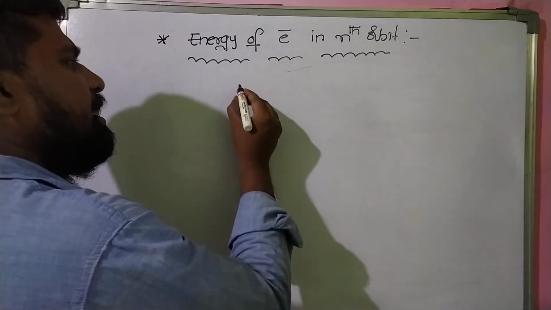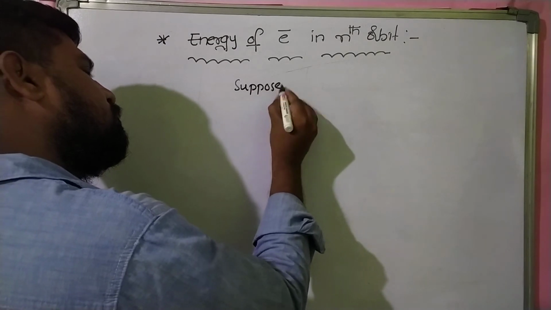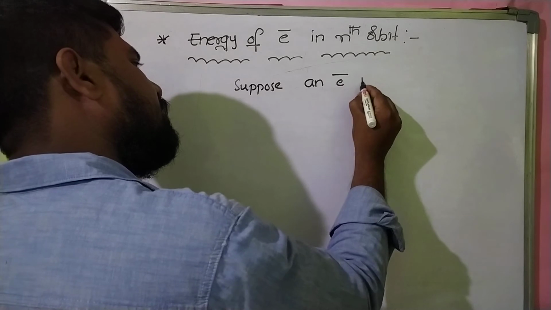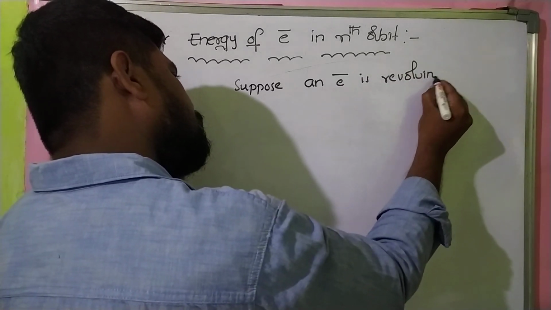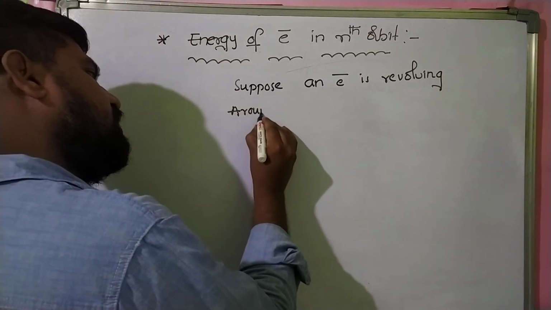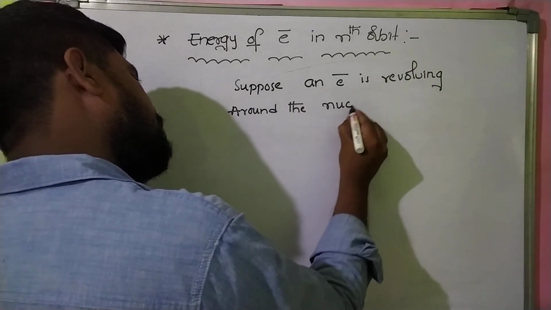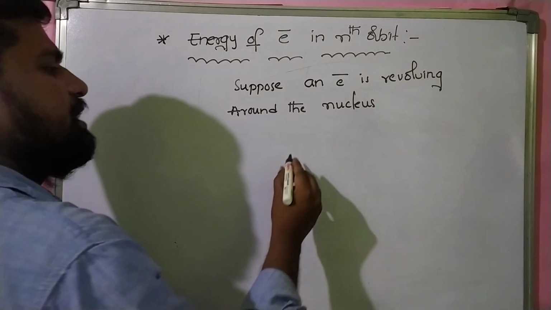Now again, suppose an electron is revolving around the nucleus, like this.